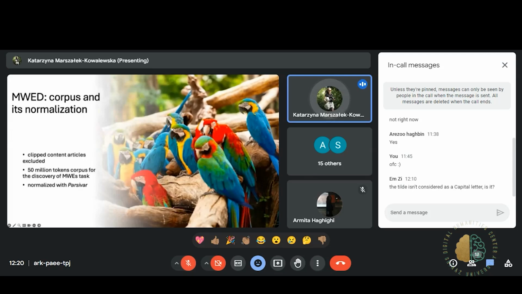Such articles were excluded from the final corpus used in the study. As for the discovery of multi-word expressions, it was important for me to provide the whole context. As the next step, a 50 million tokens corpus for the discovery was sampled. And as I already mentioned, the best tool for the pre-processing in my experiment turned out to be Parsevar, so I normalized this corpus with the Parsevar tool.